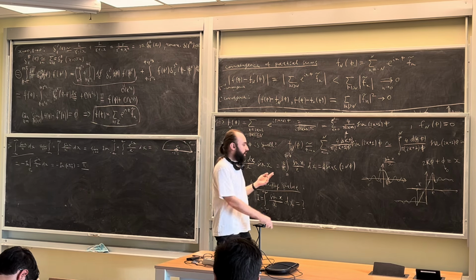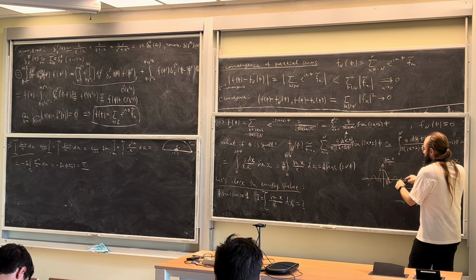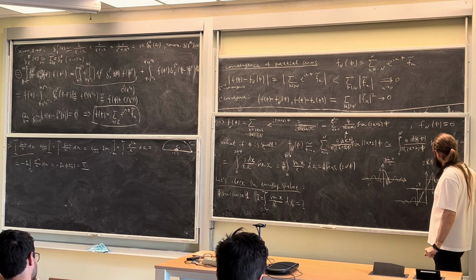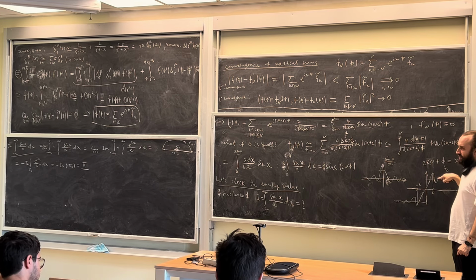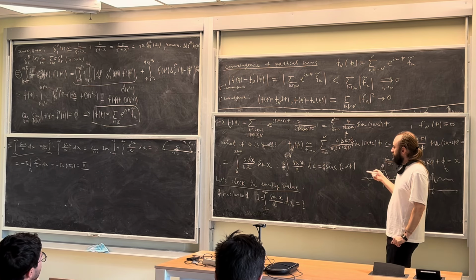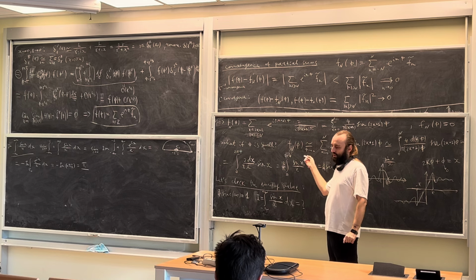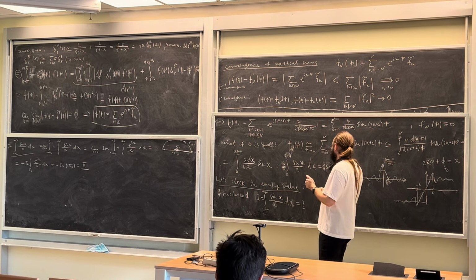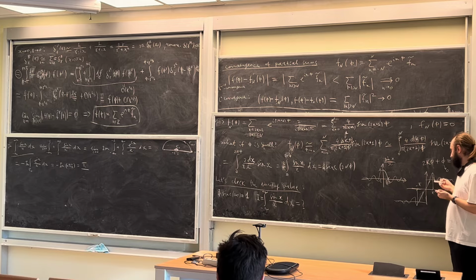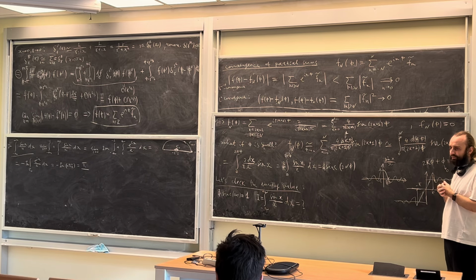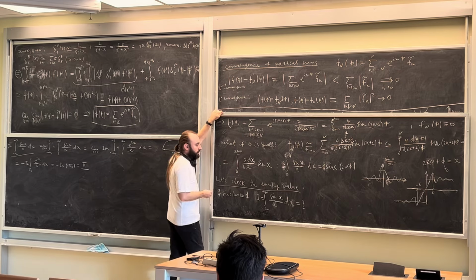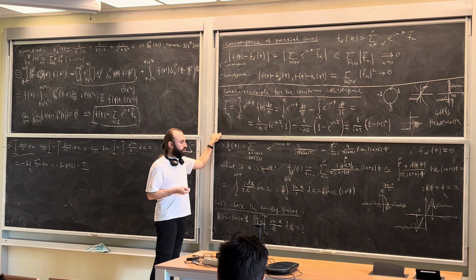If you integrate this function to infinity and multiply by 2 over pi, we get 1. So the asymptotic value of this series, in other words the limit when we keep phi fixed and close to 0 and send n to infinity, is indeed 1 and minus 1. So this is how this discontinuity looks.